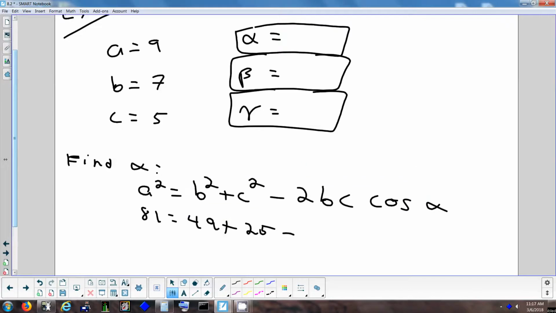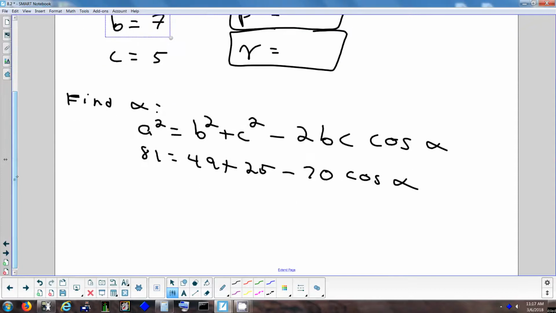What's 2 times 5? 10. 10 times 7, 70, cosine alpha. Okay. What's the next thing I can do on the right-hand side? Combine the what and the what? 49 and 25. And that gives me 74.